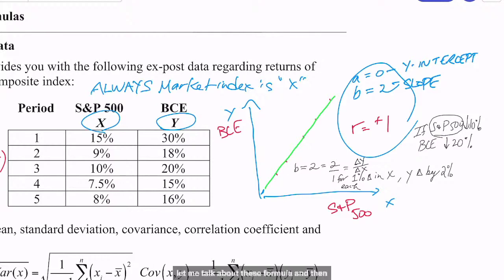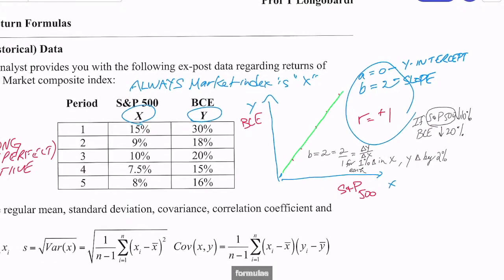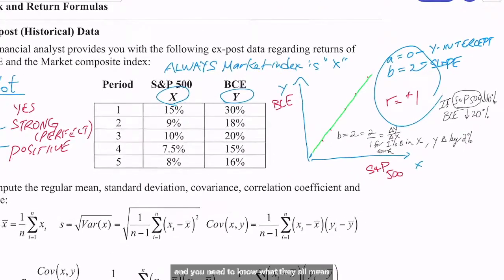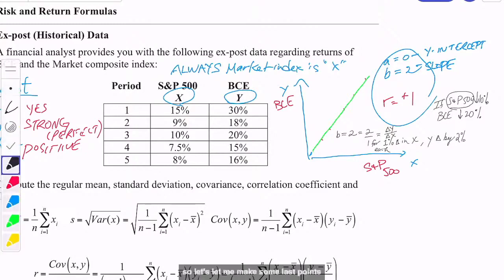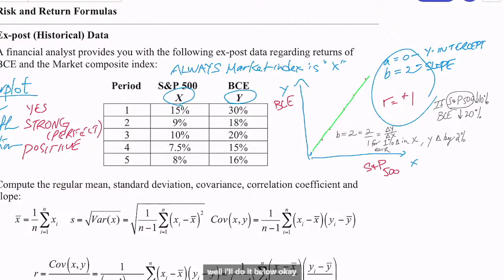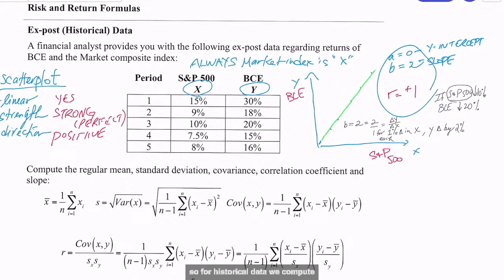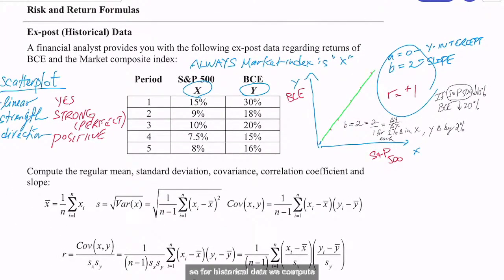Let me talk about these formulas, and then don't forget this. This is the big picture situation. This is what we're headed to do, but you need to know the formulas because I'm going to play with them, and you need to know what they all mean. So, for historical data, we compute a sample mean like this, right?